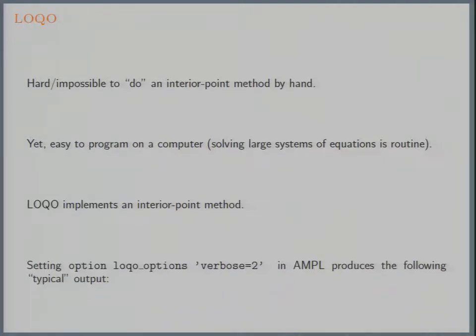The original hope was that parallel computing would come to the rescue here. And the simplex method is sort of inherently sequential. I can't go from here to here until I know that I got here to start with.